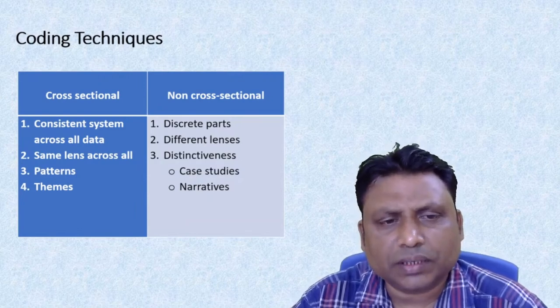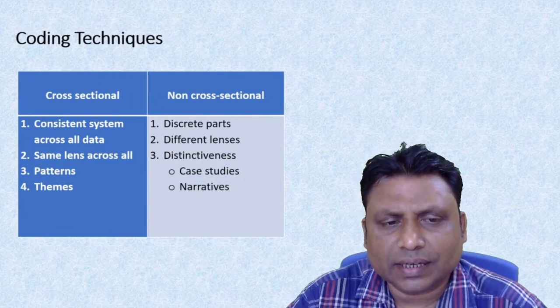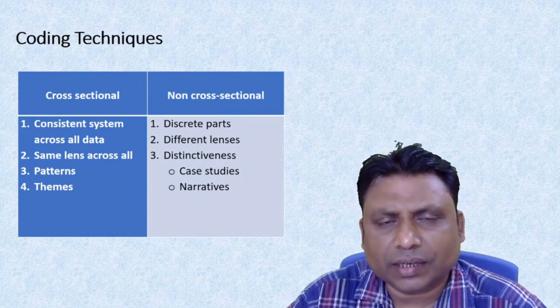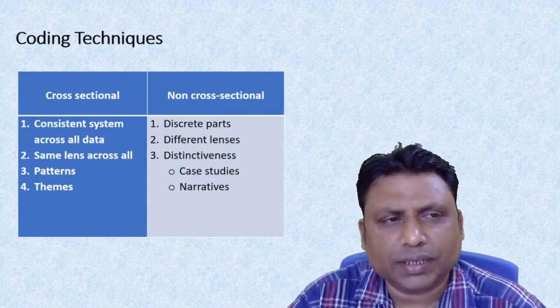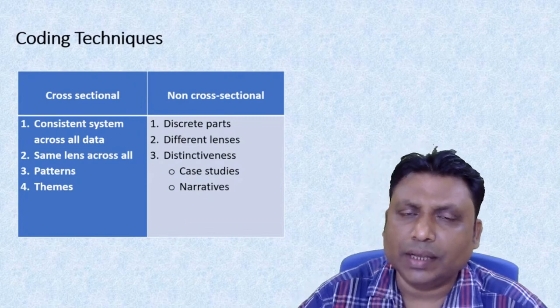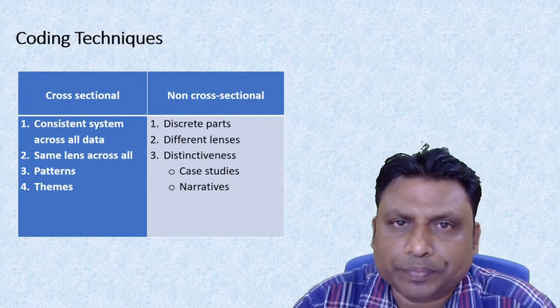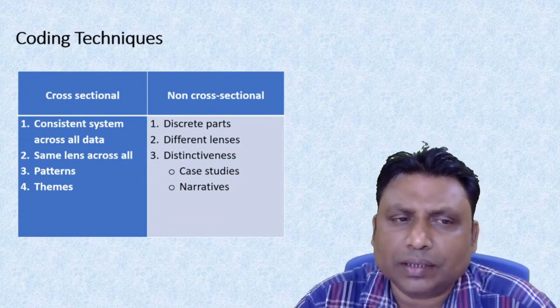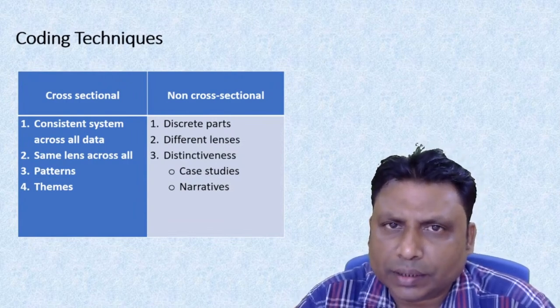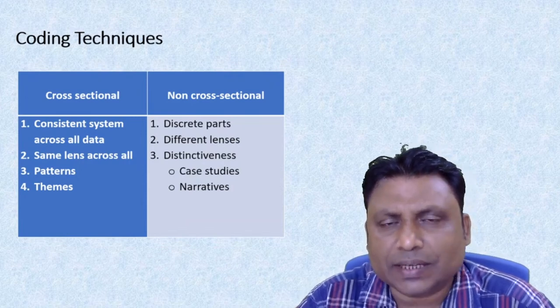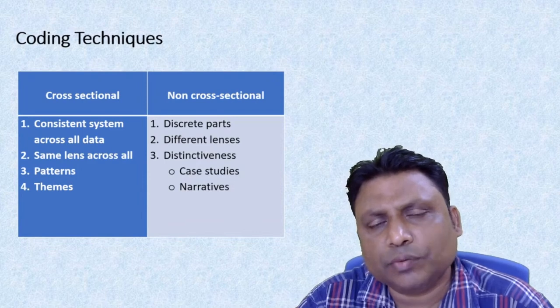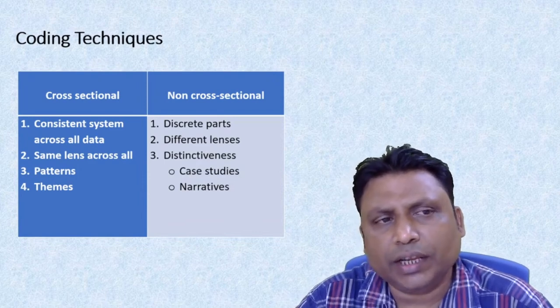And non-personal, simply descriptive part, different lenses, descriptiveness, case studies or narratives. What exactly you want to do, accordingly you choose. These are the options given in your statistical techniques when you are using the software.